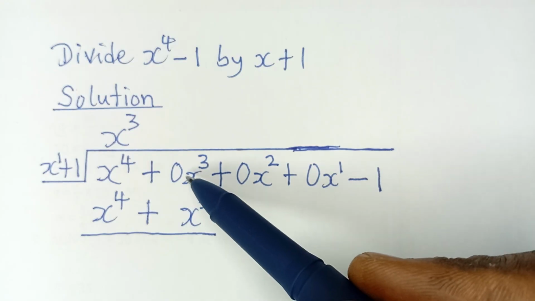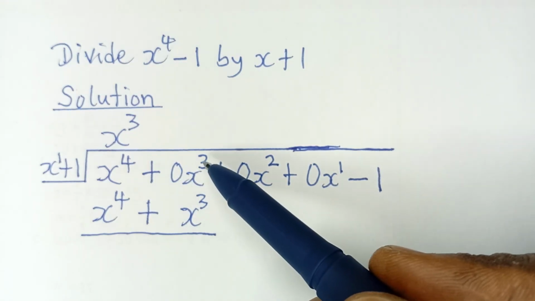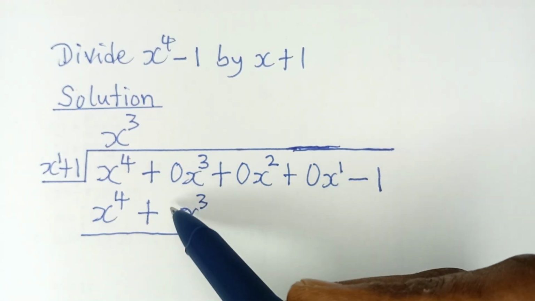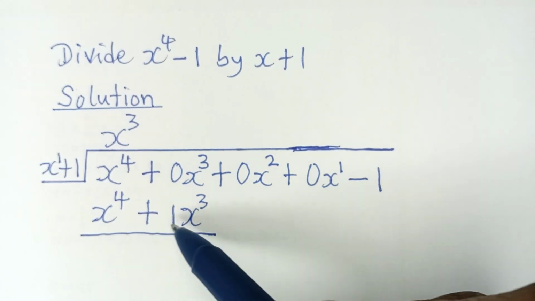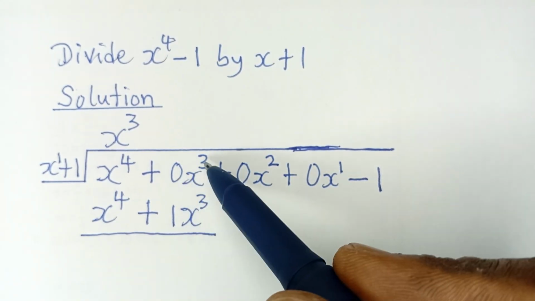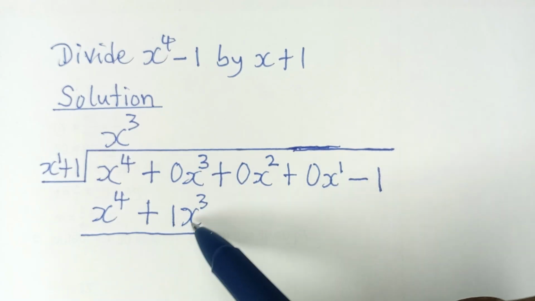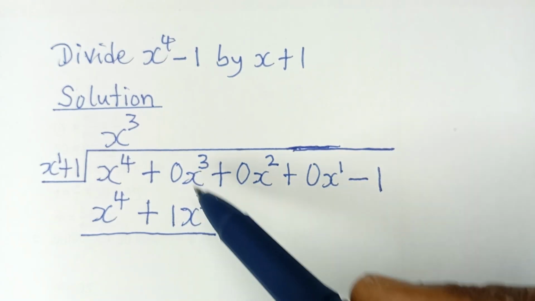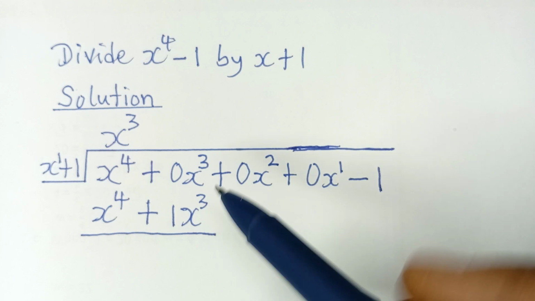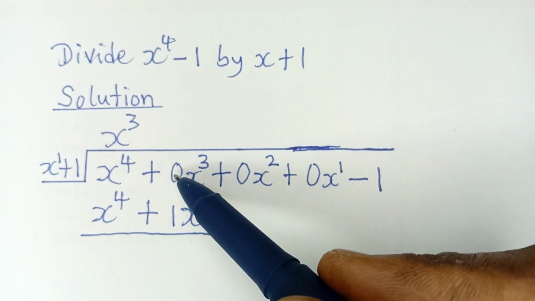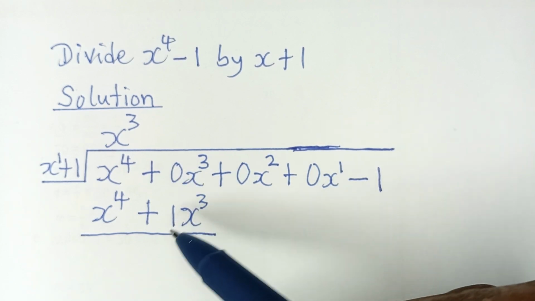Then the next thing is 0x raised to power 3 minus, this is like 1x raised to power 3, although the 1 is not usually written. So 0x raised to power 3 minus 1x raised to power 3, because they are like terms. Please, you only subtract like terms. So this is like 0 minus 1, which is negative 1.